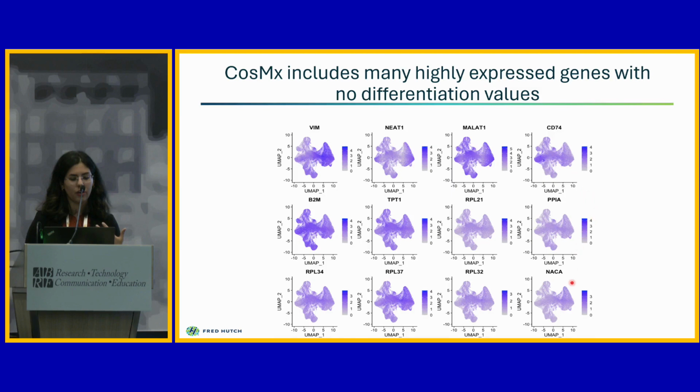As you can see here, they are expressed in almost all of the cells, and highly expressed, so they can mask the expression of the other genes, especially because it's image-based, so you might get optical crowding. When I looked at the Xenium data, which I wanted to bring side by side, none of these genes were included there, so they probably figured out they don't have value for cell type identification, and removed them.